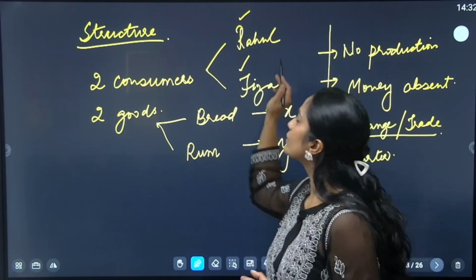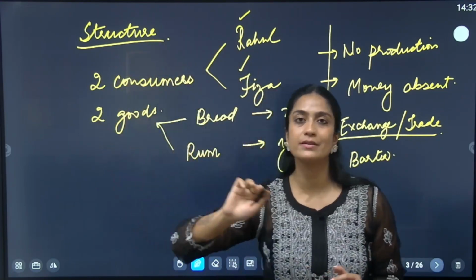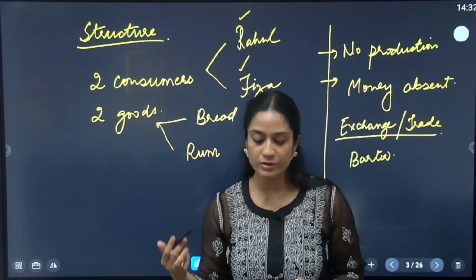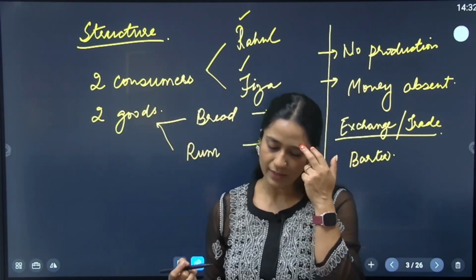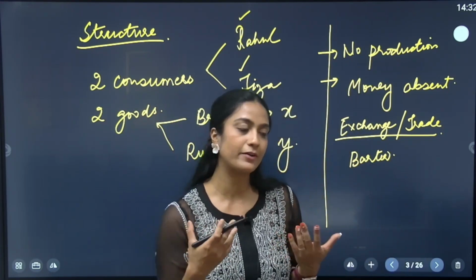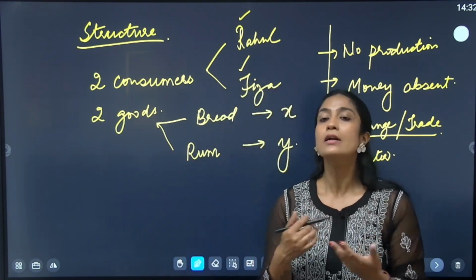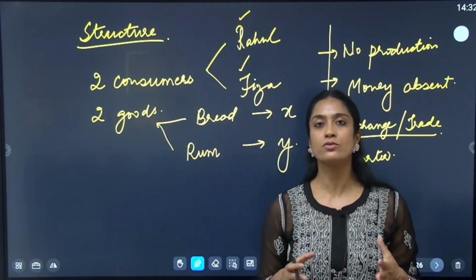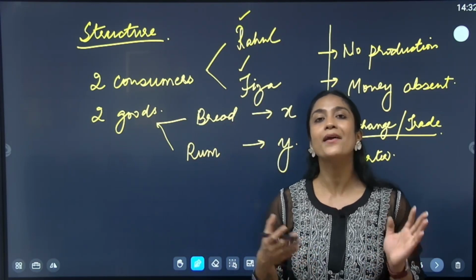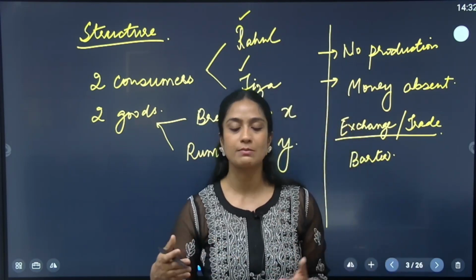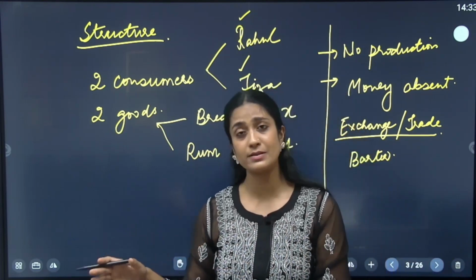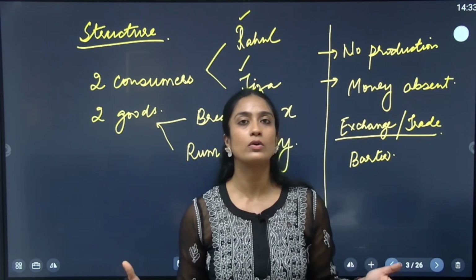Okay, so let's discuss the basic structure of this economy. This economy will have two consumers. So traditionally, this economy was considered through this book called Robinson Crusoe, and this book is about a person who is stranded on an island because he went on some sort of sea adventure and there was an accident, and he got stranded on this island where he was alone for a lot of time.